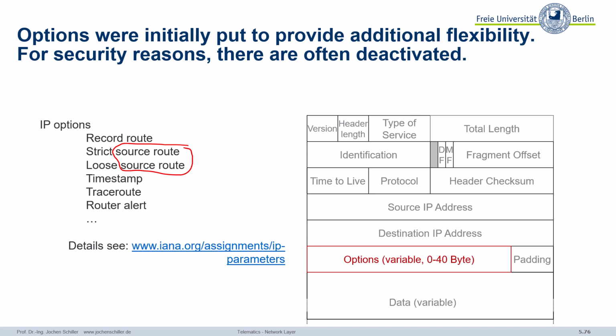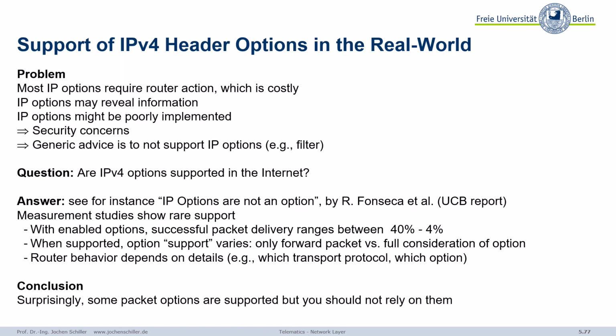What is the problem? In the real world, typically the routers have to take care of options. And I told you already, routers don't like any additional work. Routers perform perfectly if they can do things in hardware, extremely fast, nanoseconds to forward a packet, but not handling of options with variable length, dynamic stuff.